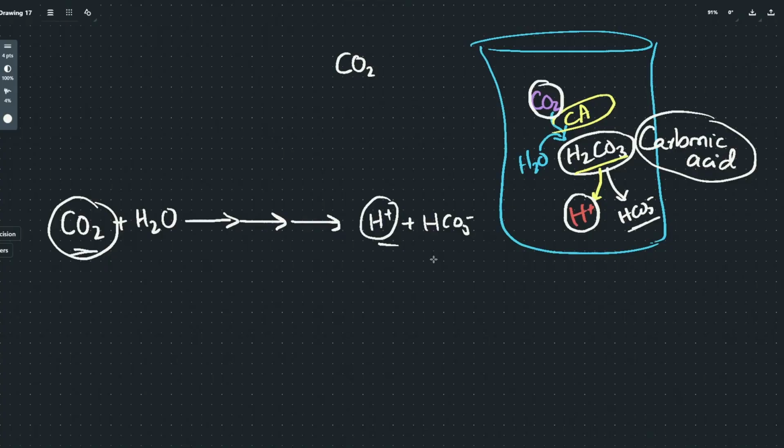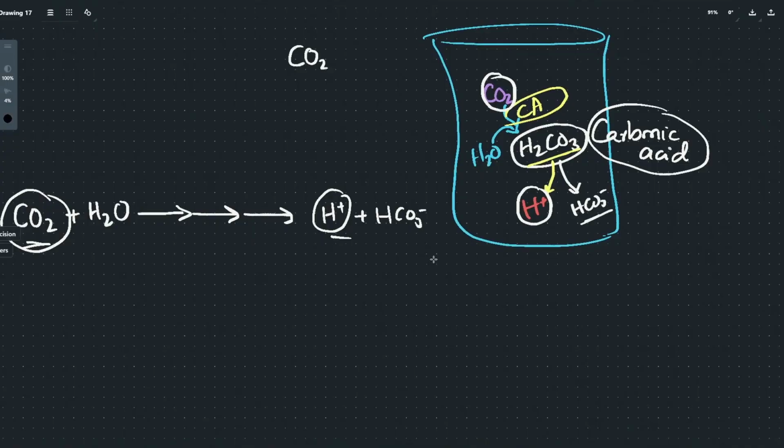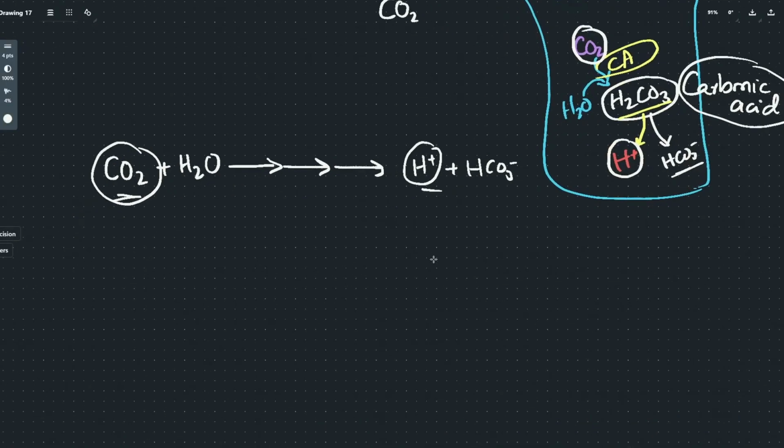Now CO2 and carbonic acid have a luxury which none of the other acids have in our body. We have talked about pyruvic acid, lactic acid, phosphoric acid, sulfuric acid, keto acids, several different acids, but none of those acids have the luxury which CO2 has, and that is that it can be quickly and easily eliminated by way of our lungs.